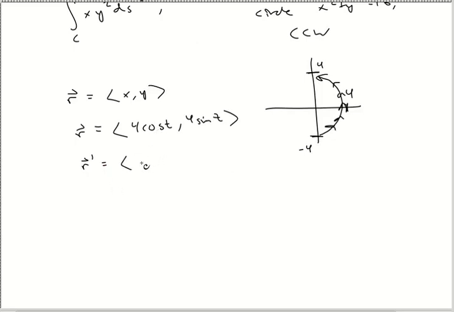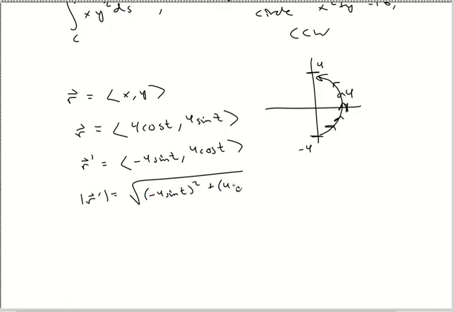My cosine will turn into a negative sine, and then 4 cosine of t. And then I want the magnitude of that derivative. And this is that component that I'm going to toss into the back of my integral to make it work out. So, of course, square root of each of these pieces squared.